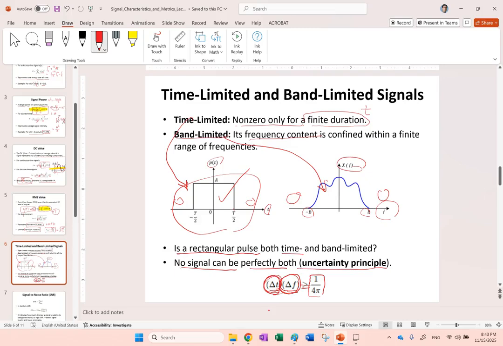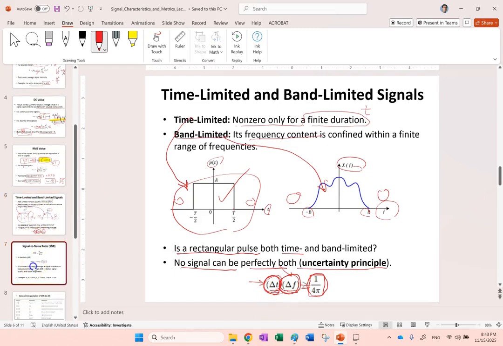And although practically both of them are infinite, if you consider a range after which they are practically close to zero, like 3 sigma plus and minus on each side, still you're looking at a minimum of 1 over 4 pi. Okay, so no signal can be both of them at the same time.